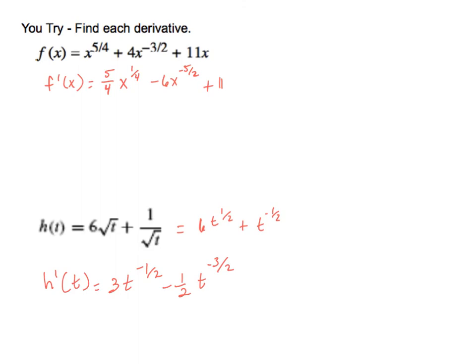And your result should look like this. In both cases, I used the power rule. Exponents came down as coefficients. Take away 1 from your exponent. In the second one, before I began, I rewrote square roots as 1/2 powers, and the square root in the denominator is a -1/2 power.